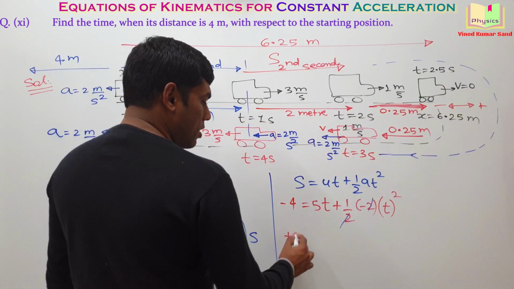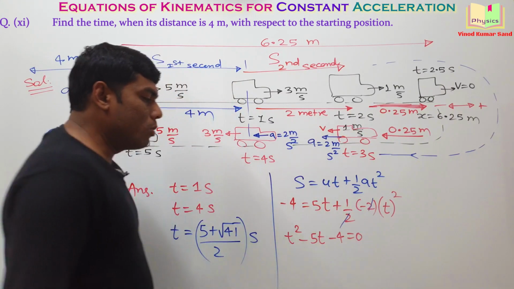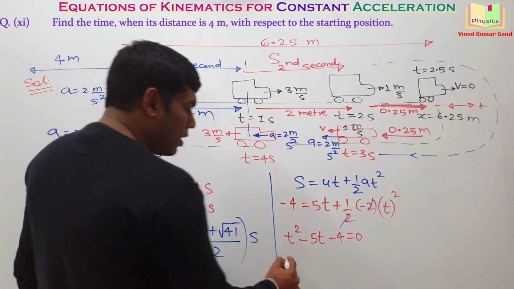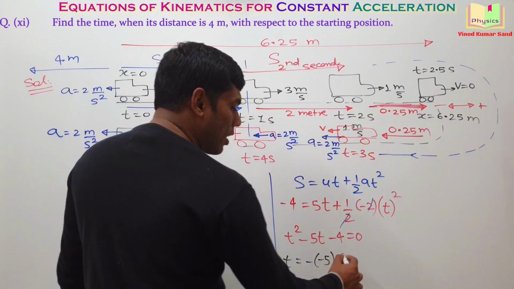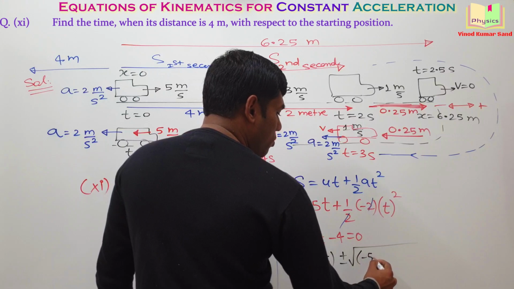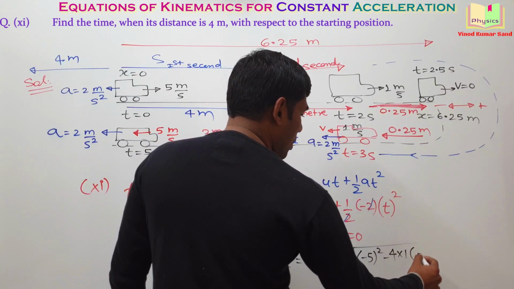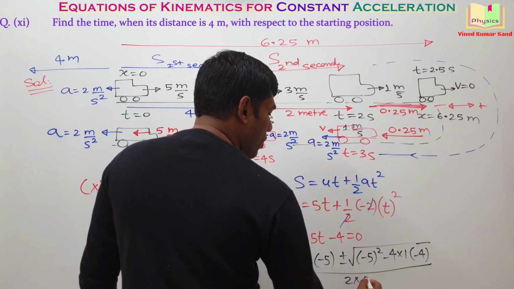Now we have a quadratic equation in time. So it is t square minus 5t minus 4 is equal to 0. You know how to obtain its root. t will be equal to minus of minus 5 plus minus root of (minus 5 whole square minus 4 into 1 into minus 4), divided by 2 into 1.